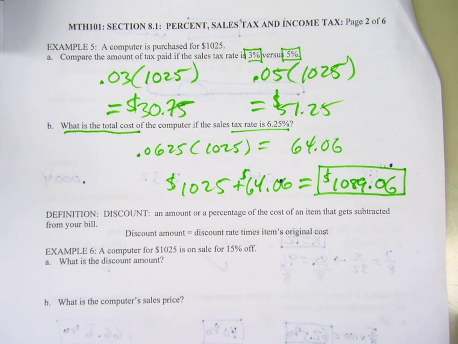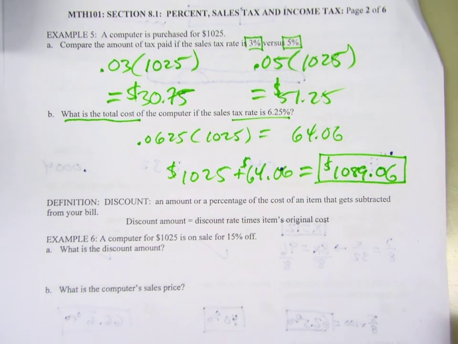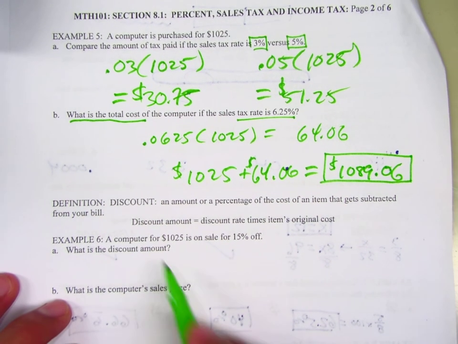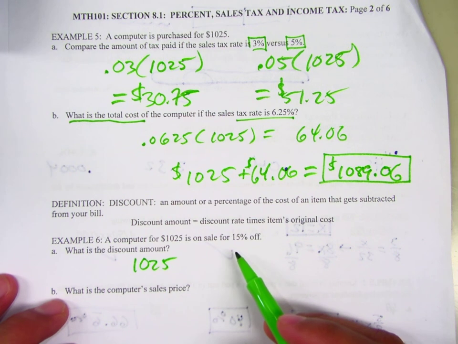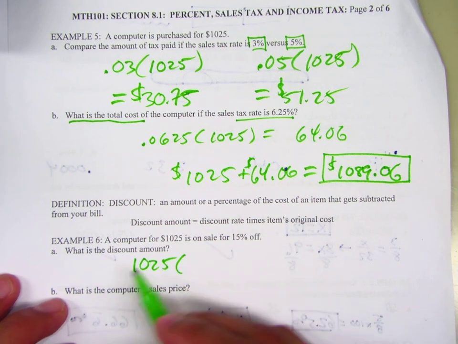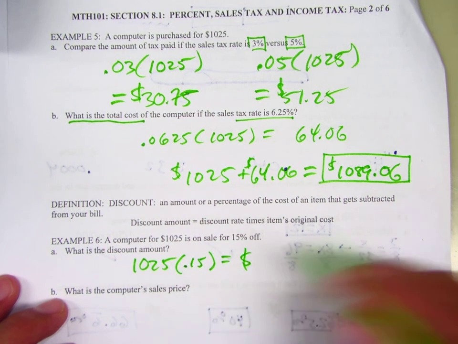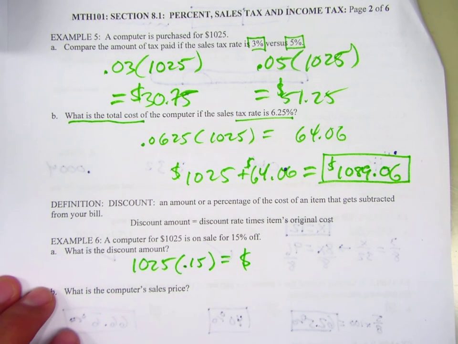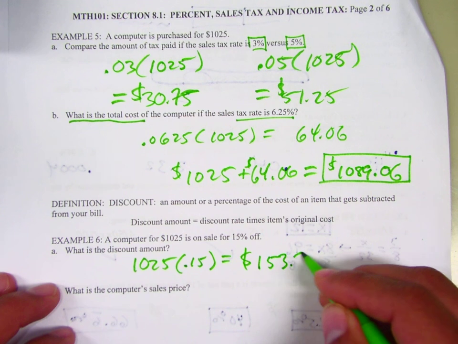Let's go on through example 6. I'll quickly get through that. This is the same idea. The only difference is, since I'm not taxing or increasing the price at all, once I figure out what that 15% is, which, by the way, is what? 15% discount, right? Okay, so that's a pretty heavy discount, almost about 150 bucks, okay?